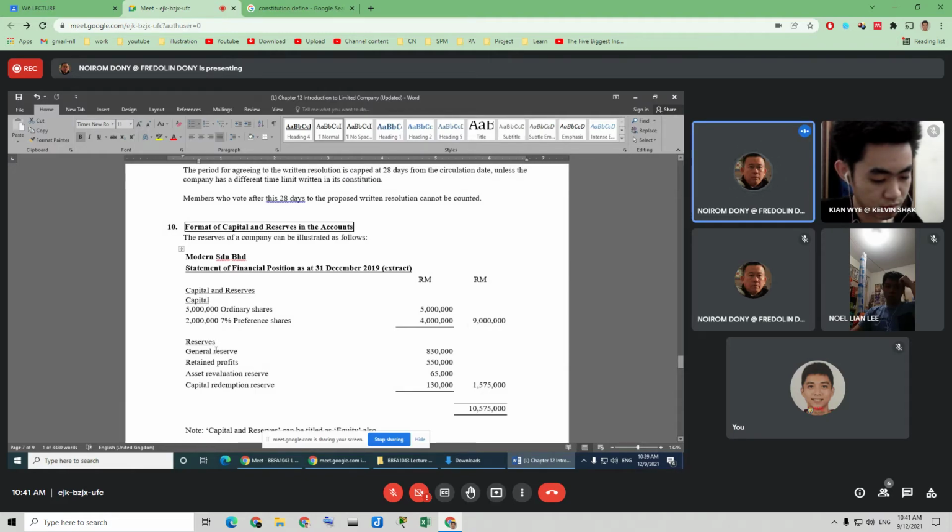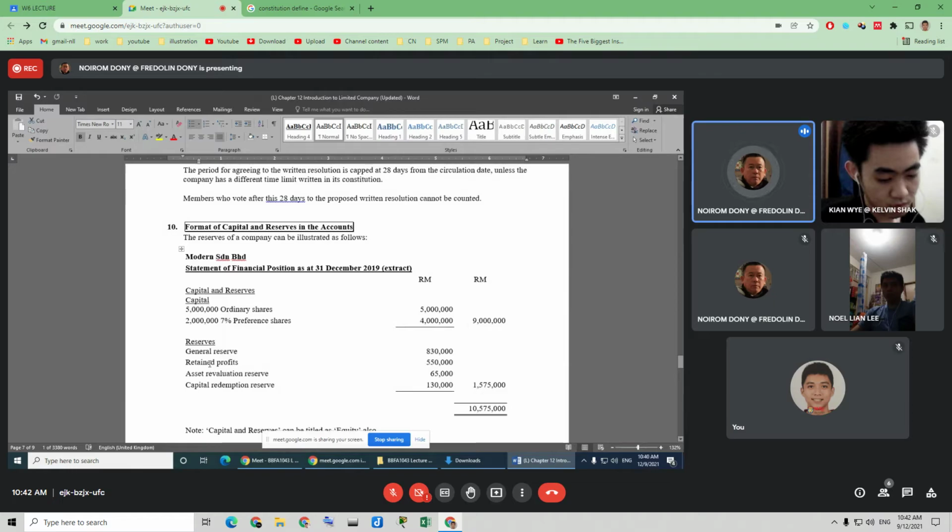The normal reserve that we would see in any company would be general reserve. Then retained profit. In a sole proprietor or sole trader, we call this profit, but in a company, we call it retained profit.